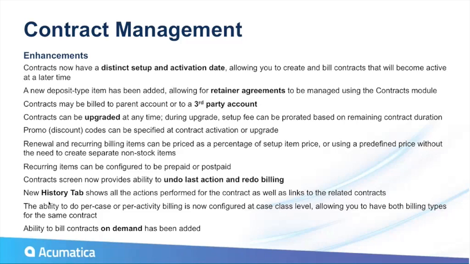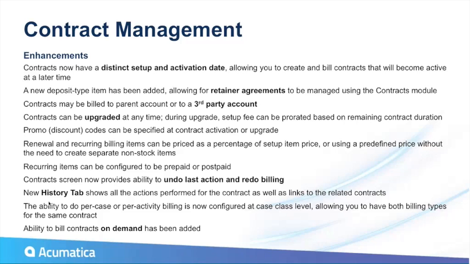So back to the enhancements. You can now have a distinct setup and activation date in your contract. So you can create your bill right away, but still only have your contract become active at a later time. We have added the ability to create retainer agreements.